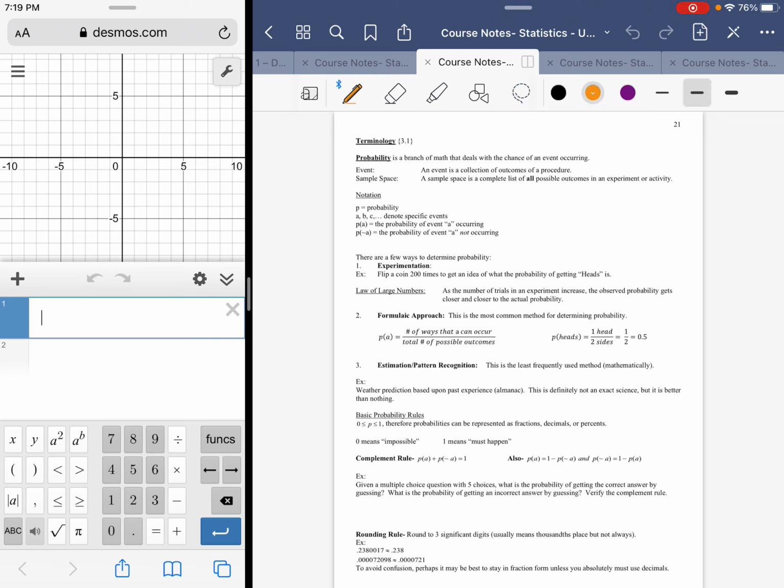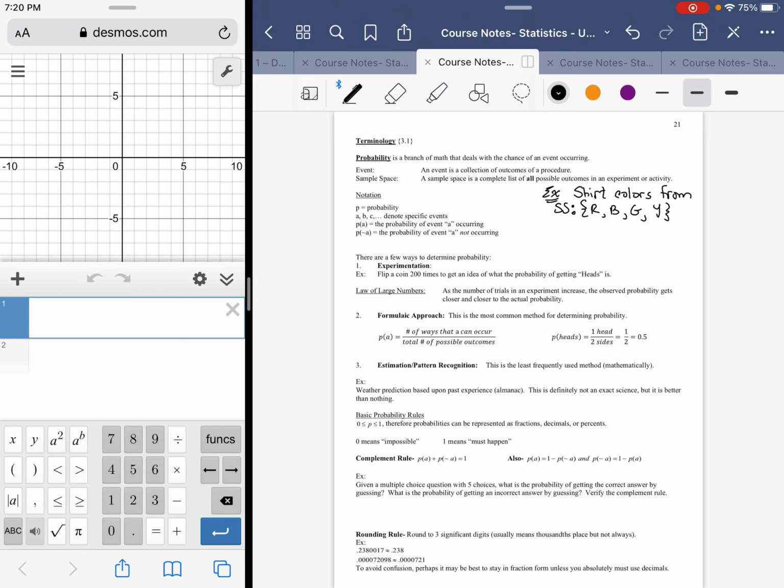So if I'm talking about, for example, I'll keep it kind of simple, shirt colors from the set of red, blue, green, and yellow, this would constitute a sample space. Those are all the possible outcomes that we might have.